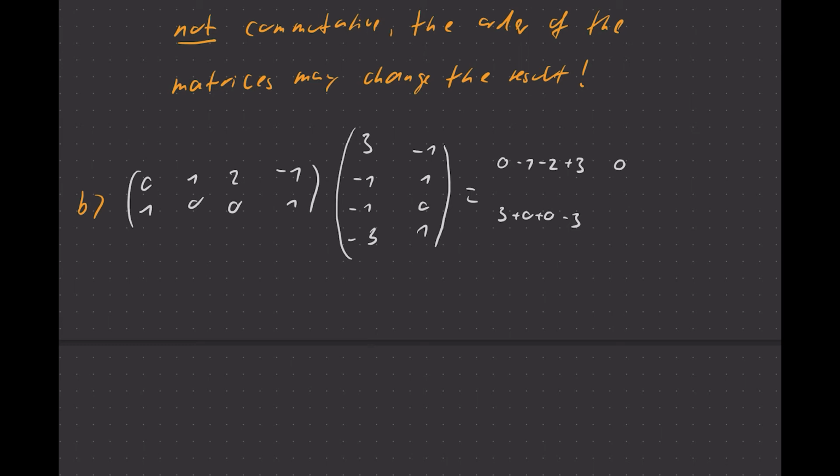And we get 0 plus 1 plus 0 minus 1. And for the second row, second column, we get minus 1 plus 0 plus 0 plus 1. So altogether, the result here is 0, 0, 0, 0.